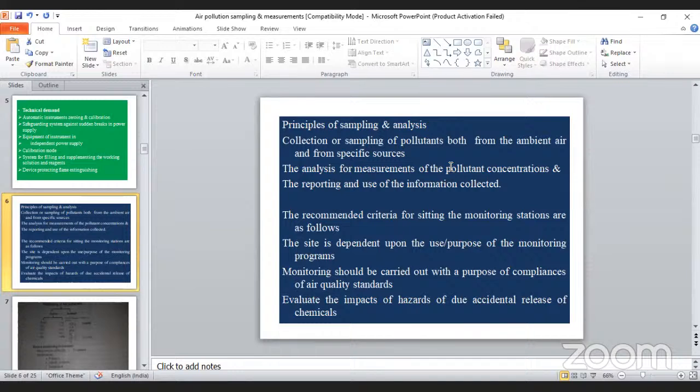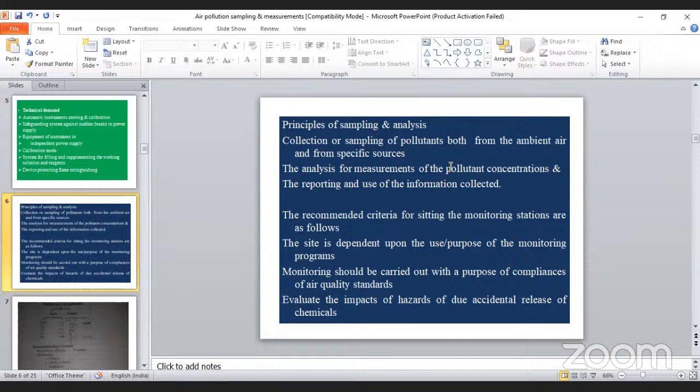That is whatever study we made: collection and sampling of air pollutant, quantifying the concentration of air pollutant, and reporting followed by the use of information. It should be helpful to determine compliance with the air pollution regulations, whatever they made in India or elsewhere through pollution control boards, and helpful to find the effective method of production.